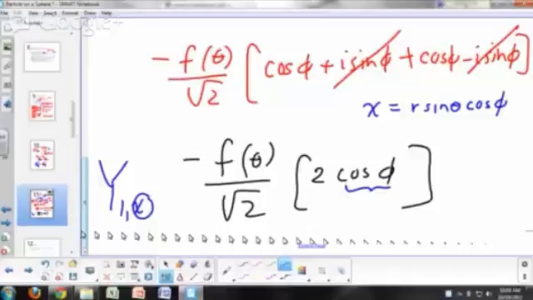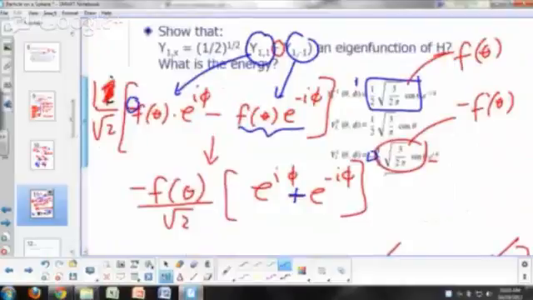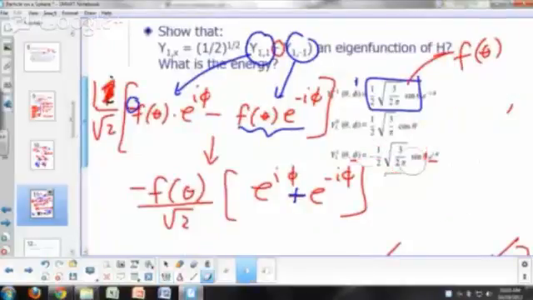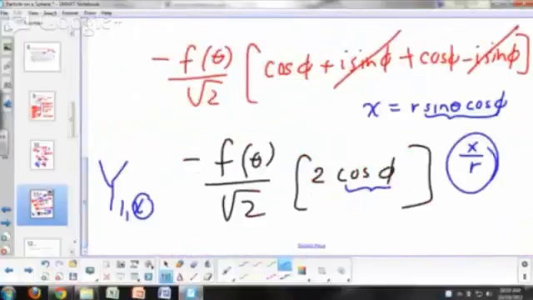So sine theta cosine phi is x over r. Okay, and if you notice in your expression right here, you have a sine theta in your f of theta. So in this expression you're going to have a sine theta cosine phi term, and you can replace that by x over r.